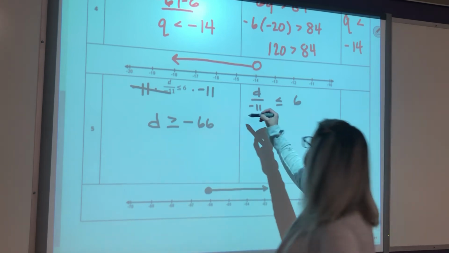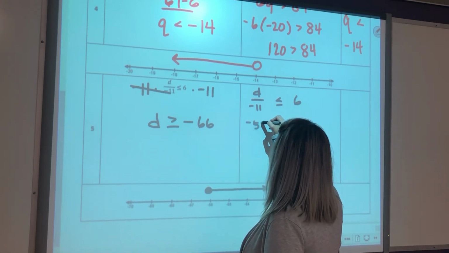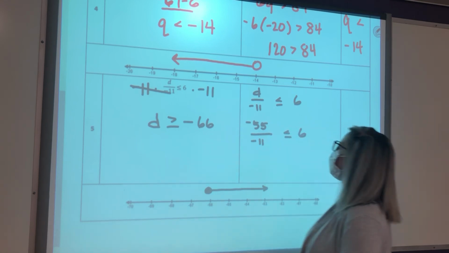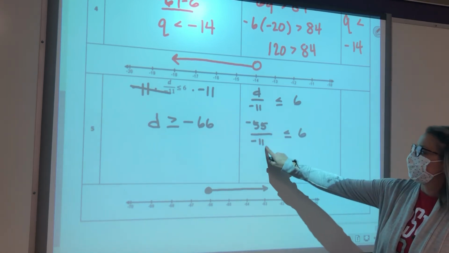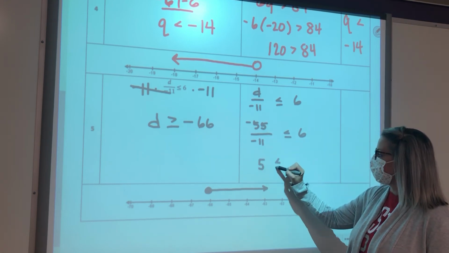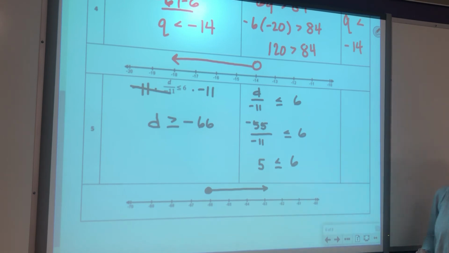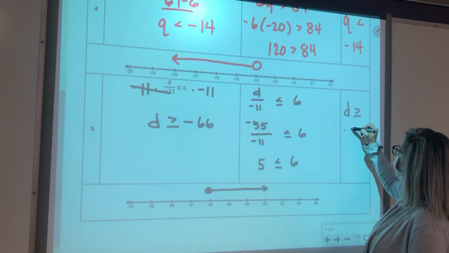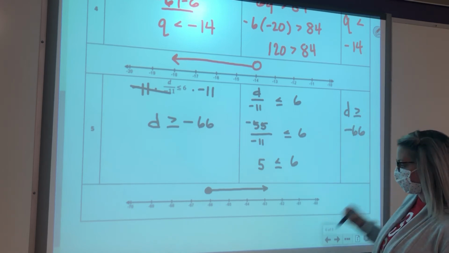Negative 55 divided by 11 is less than or equal to 6. Negative divided by negative is a positive. 55 divided by 11 is 5. Is 5 less than or equal to 6? It is. So d is greater than or equal to negative 66.